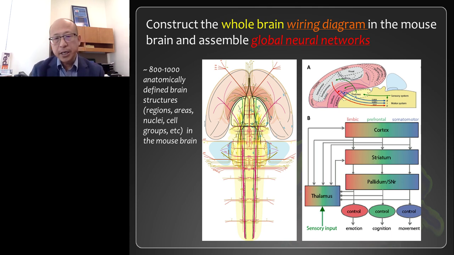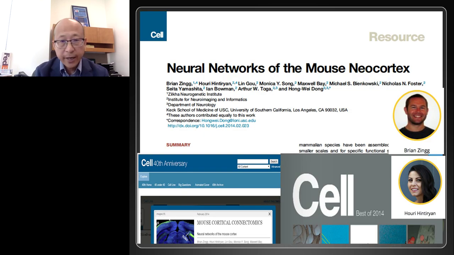About 10 years ago, we started by first looking at the neural circuitries in the cortex. The whole cortex has about 60 different cortical areas. We started looking at the circuitries for each individual cortical area, and eventually we put them together in this published work called Neural Networks of the Mouse Neocortex.